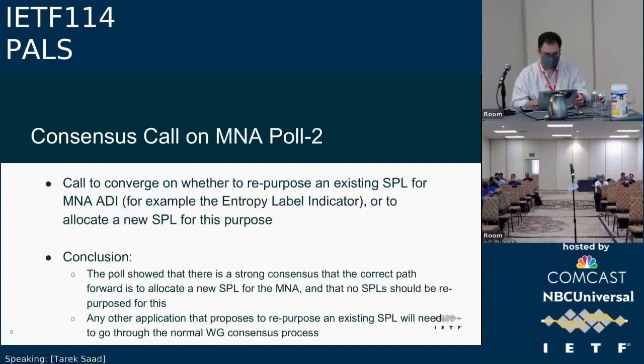The second poll was a call to converge on whether to repurpose any existing SPL for the M&A action data indicator, for example an SPL that was thoroughly researched, the entropy label indicator, or whether we should allocate a new SPL for this purpose.